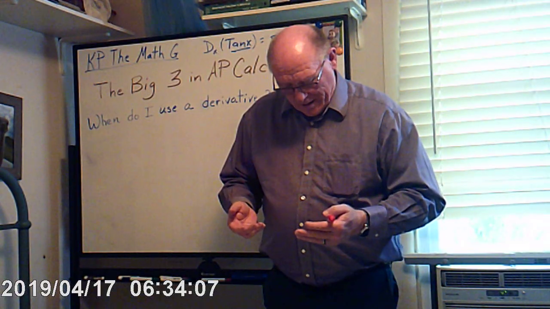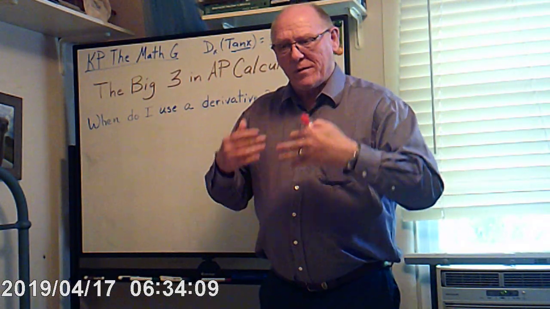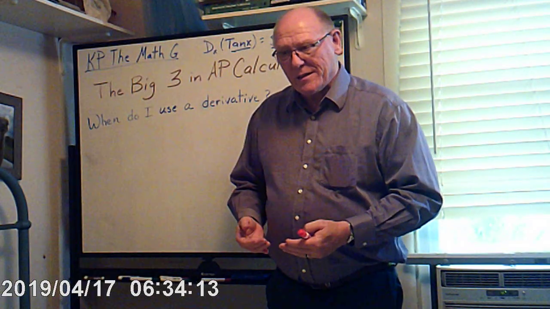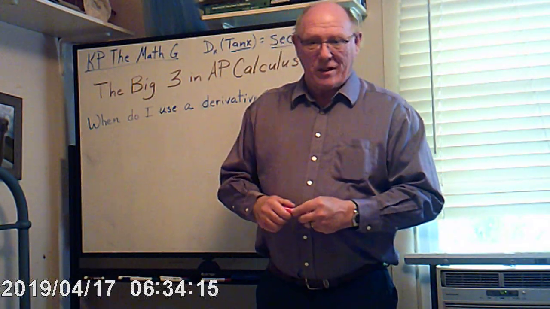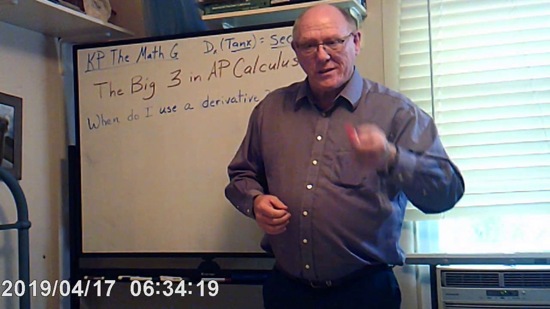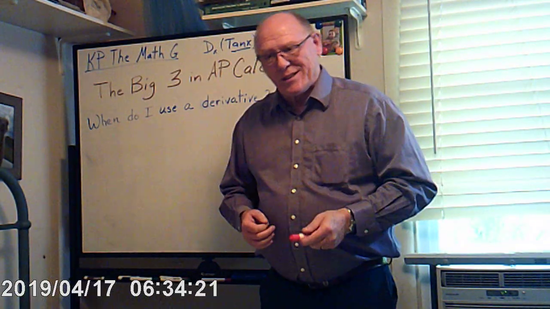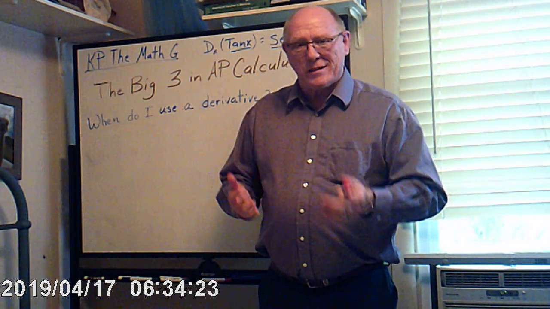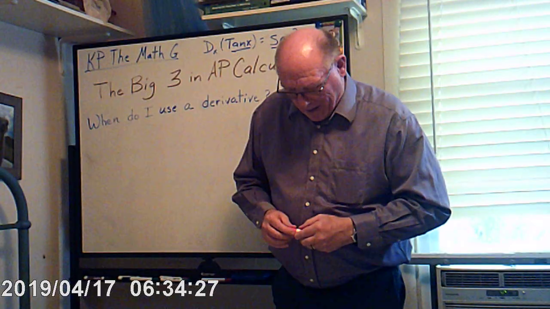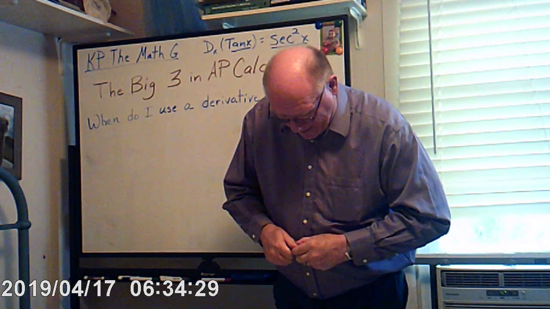Kind of like from velocity to acceleration. Velocity is a rate of change, but acceleration is a rate of change. So that's what we're talking about here, a rate of change.